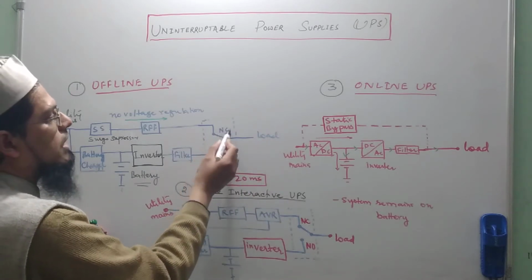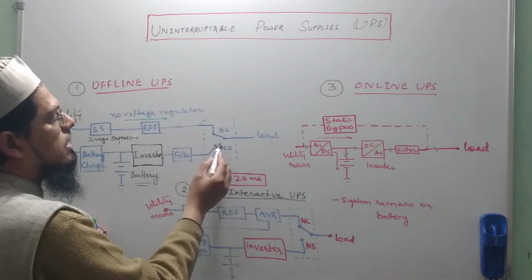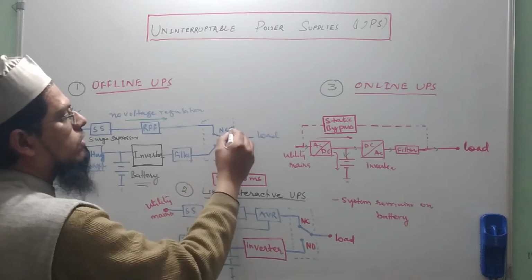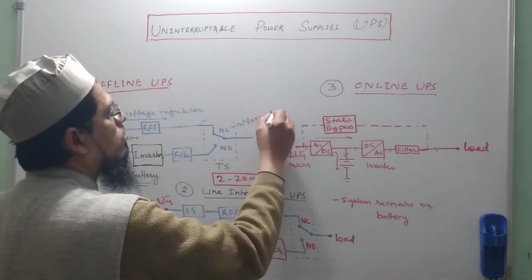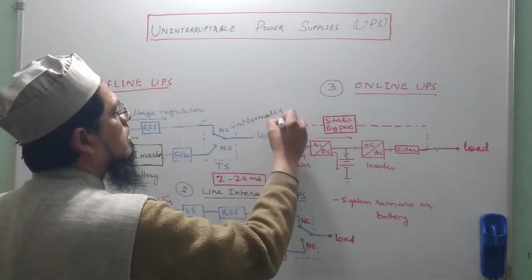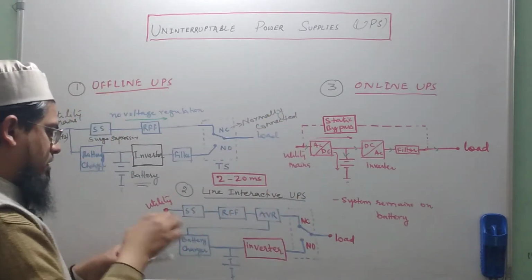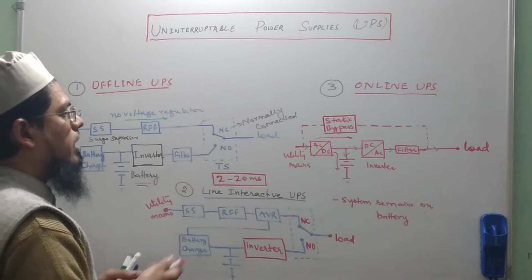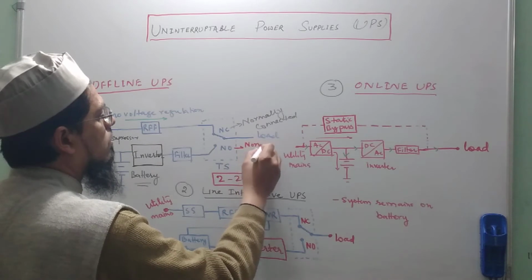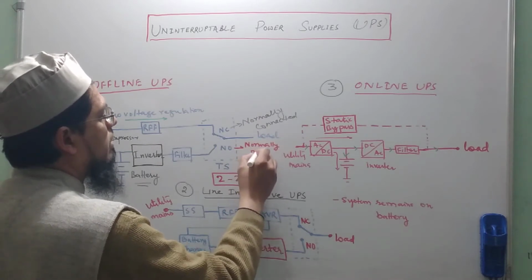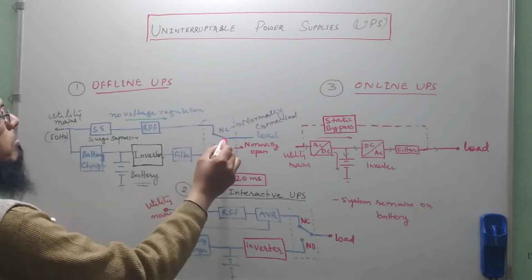NC stands for normally connected, and NO stands for normally open. So, this circuit is normally connected.